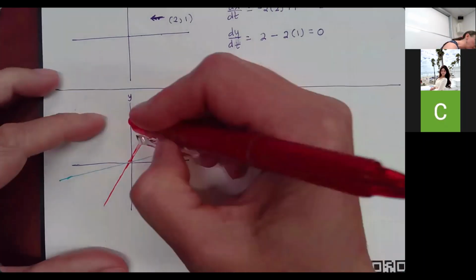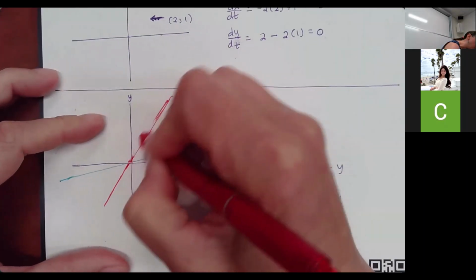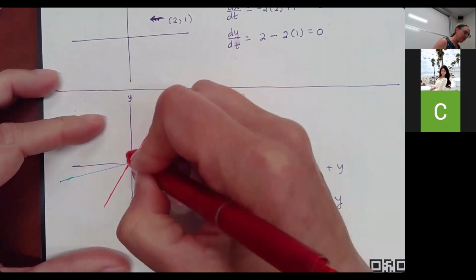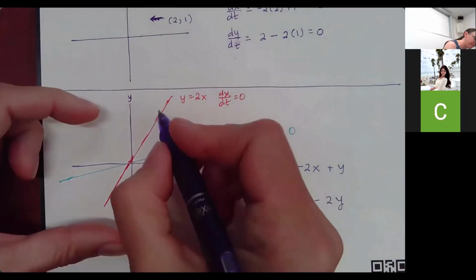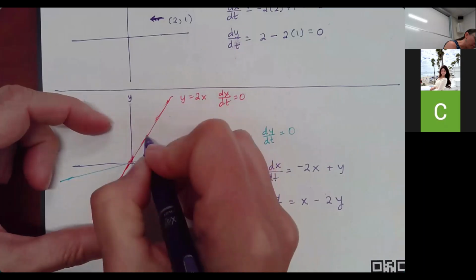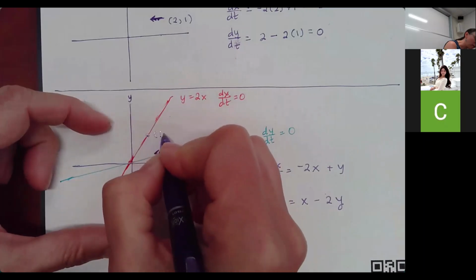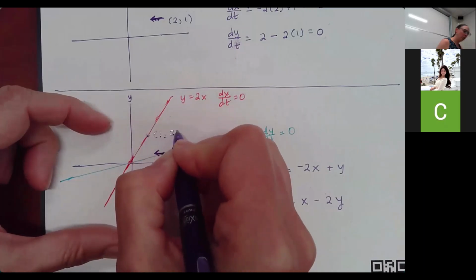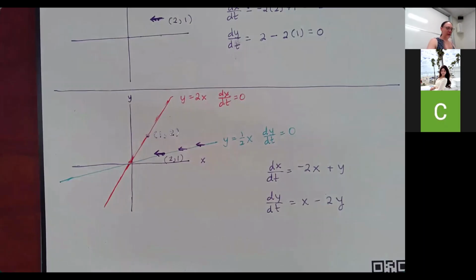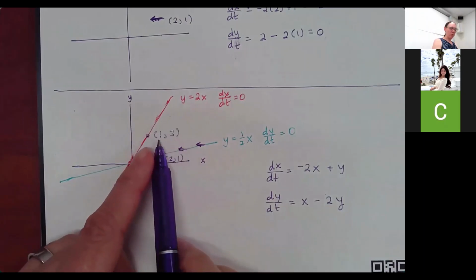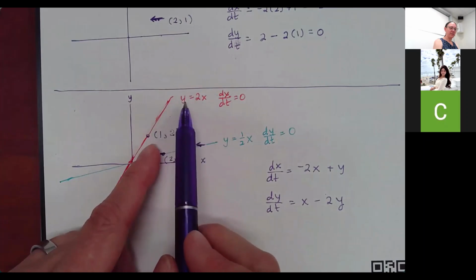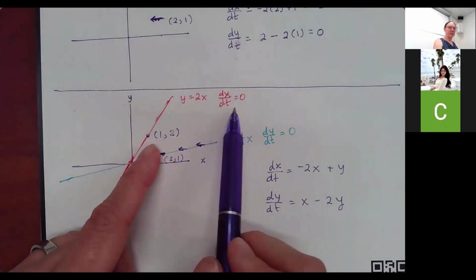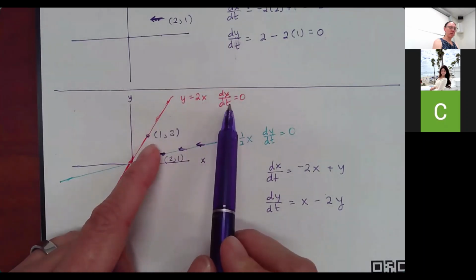So let's pick a point along this nullcline, like (1, 2). If I'm at (1, 2), I already know that I live on this line. So my change in the x direction should be 0.